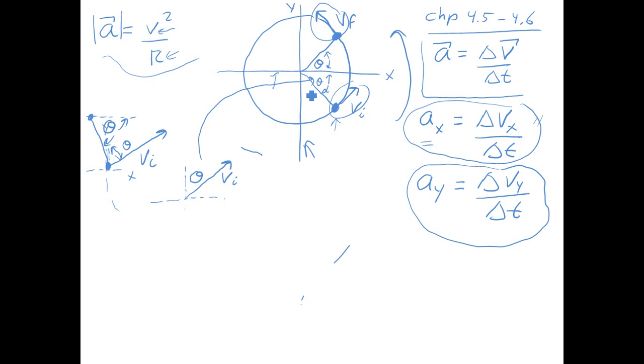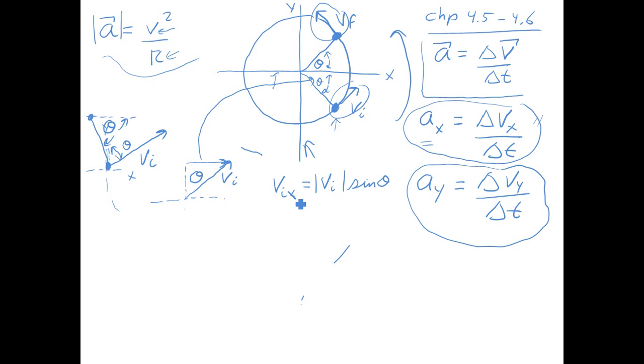What that allows me to do is say, and we did this with projectile motion, that V initial x is equal to the magnitude of V initial times sine of that angle. It's this component over here.